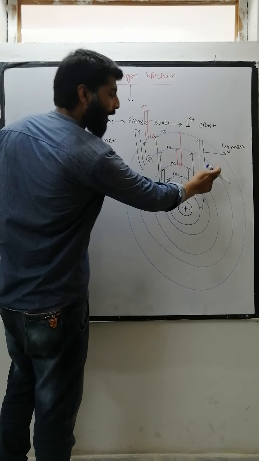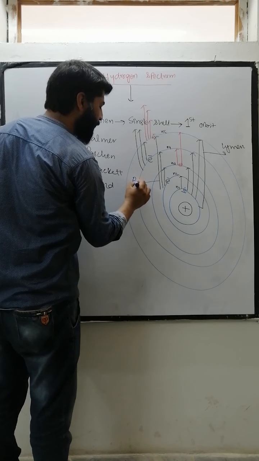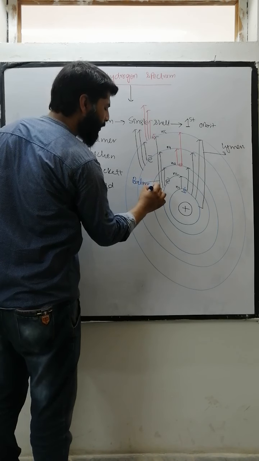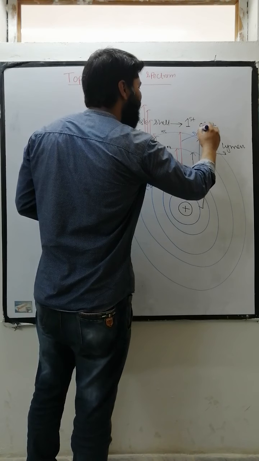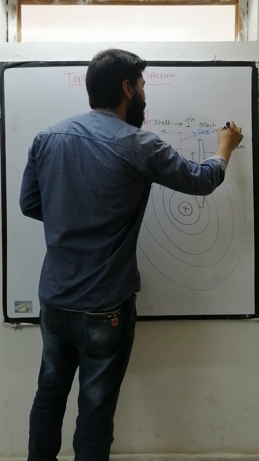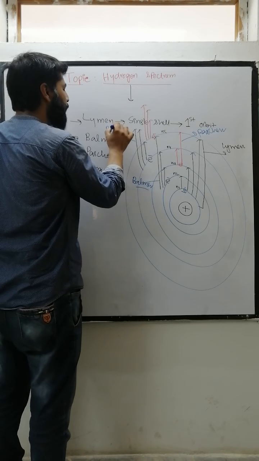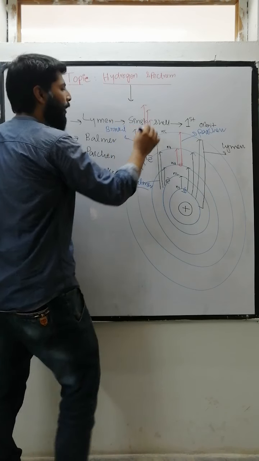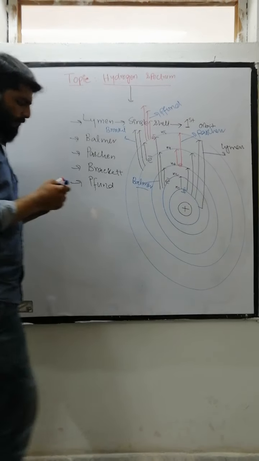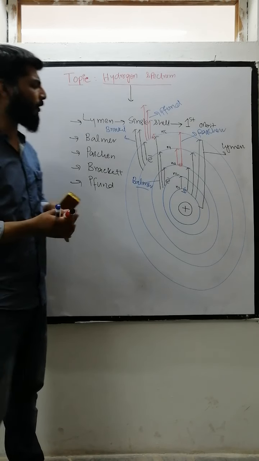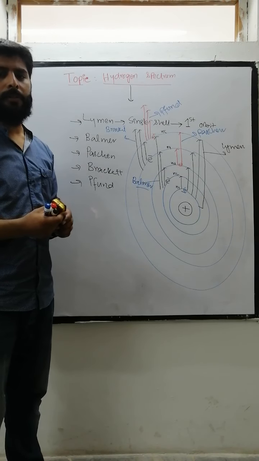This is Lyman series. This one is Balmer series. This one is Paschen series. This one is Brackett series. And this one is Pfund series. When there is a transition of electron between two levels, these 5 series will be observed.